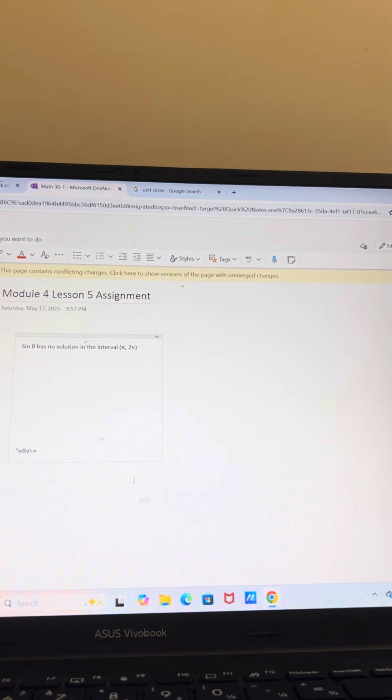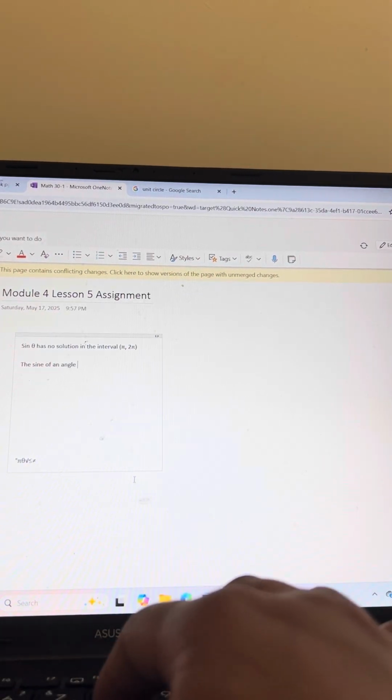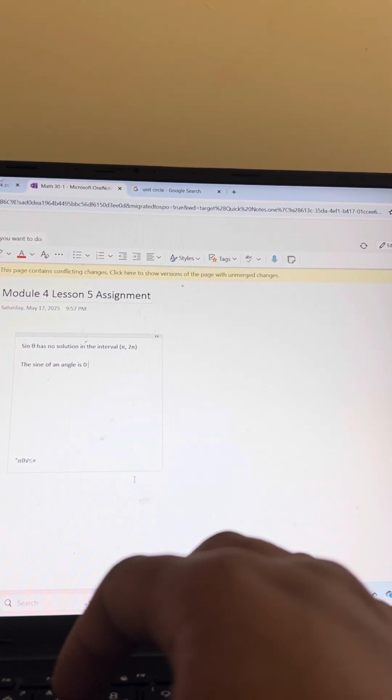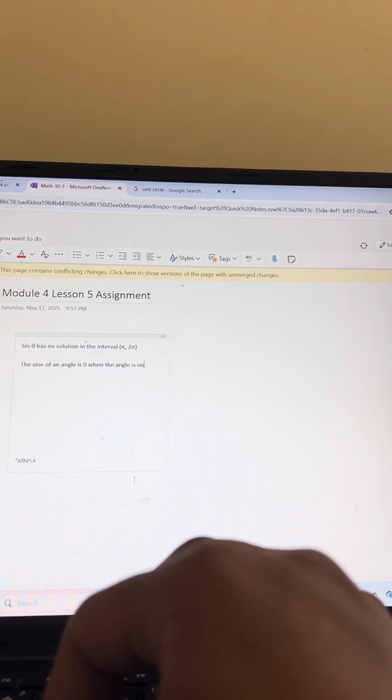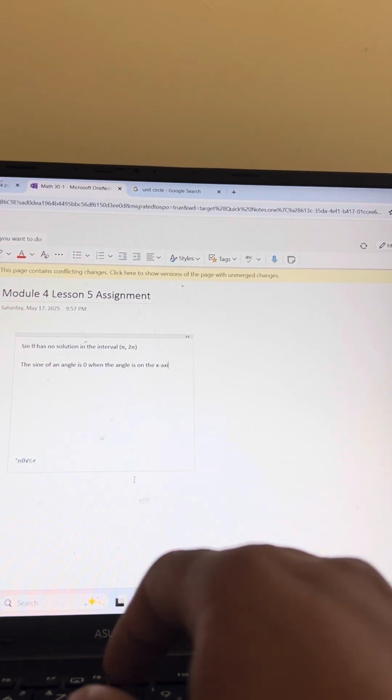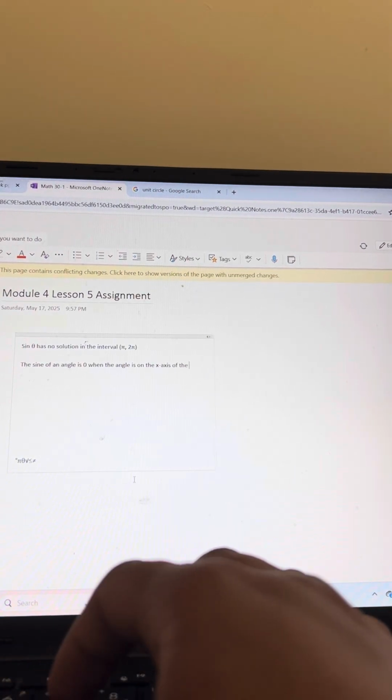Let's just write that down. The sine of an angle is 0 when the angle is on the x-axis of the unit circle.